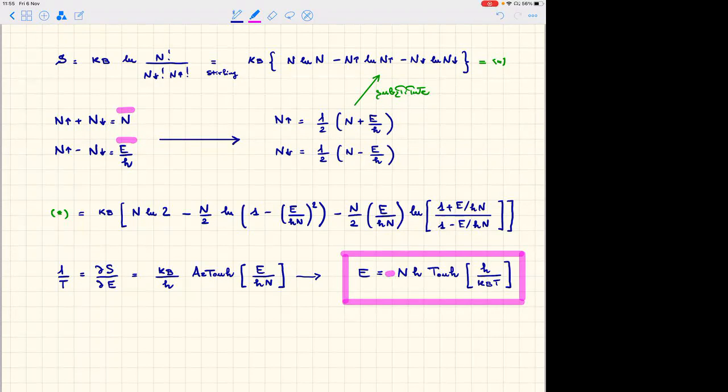So probably I made a mistake somewhere, and there is a minus sign here. I invite you to check it carefully.